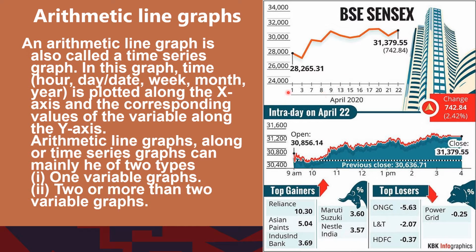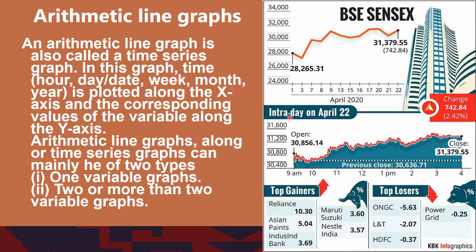You can see this is done with respect to time and the data is plotted. So this shows the Sensex index numbers on various dates in April up till the 22nd of April, and so you can study the variations that happen in the stock exchange index numbers.